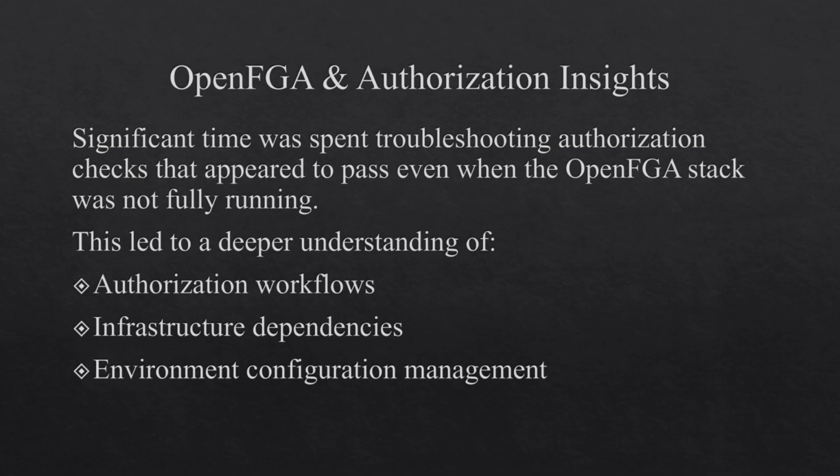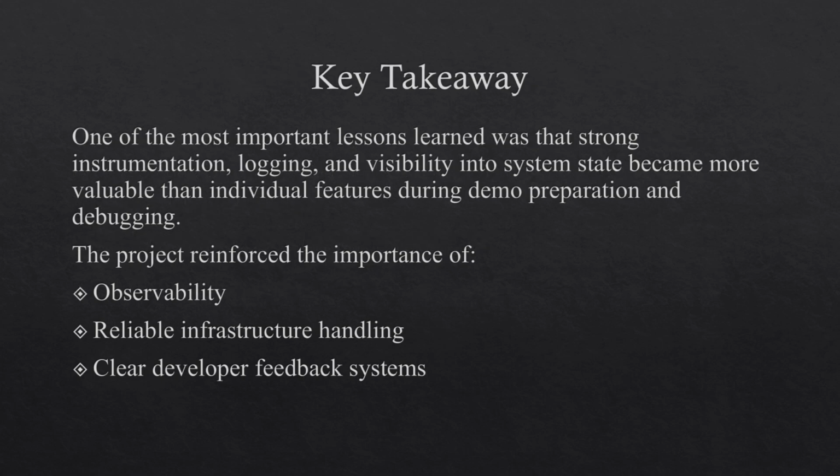That helped me through the FGA when going through the data and the infrastructure. Good instrumentation and clear communication of defaults turn out to matter more for demo readiness than individual features. So those were the challenges and the lessons I learned from this project.